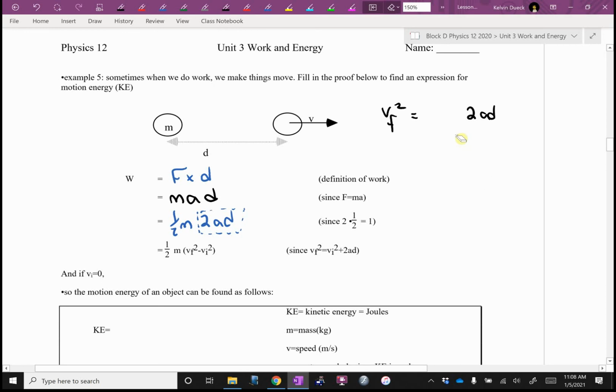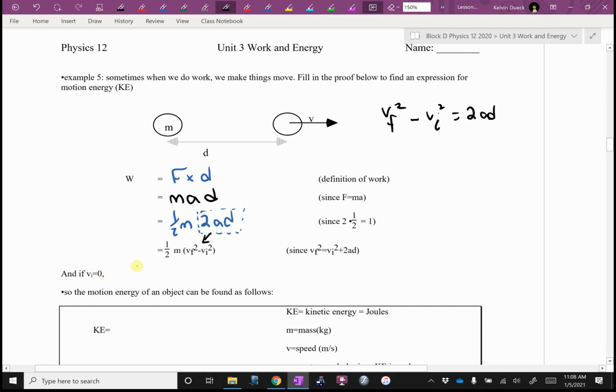What can I replace 2AD with? Okay. Well, you know what? I can replace the 2AD with that if VI squared is not 0. So in the next line, I replace the 2AD with VF squared minus VI squared.